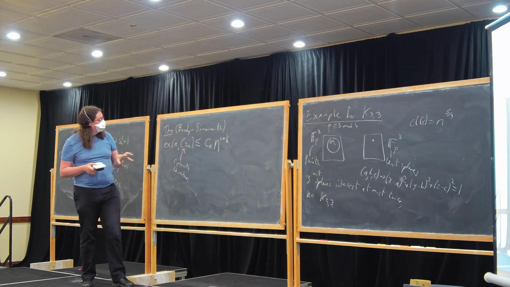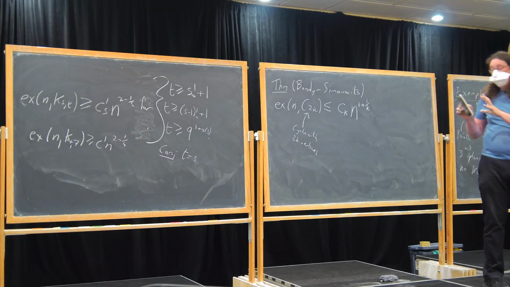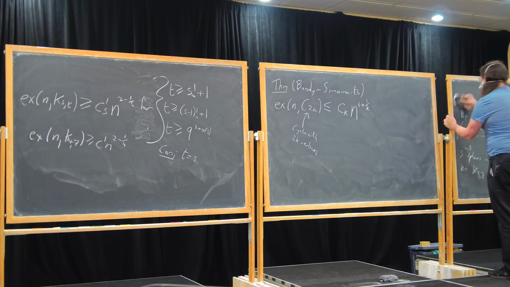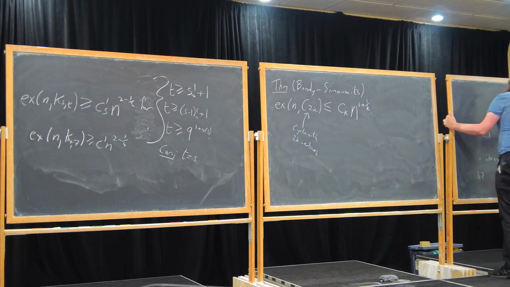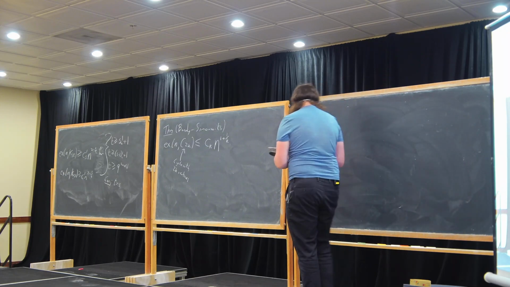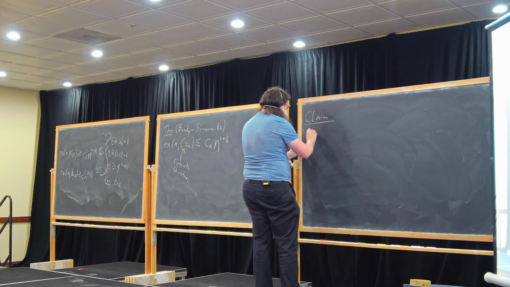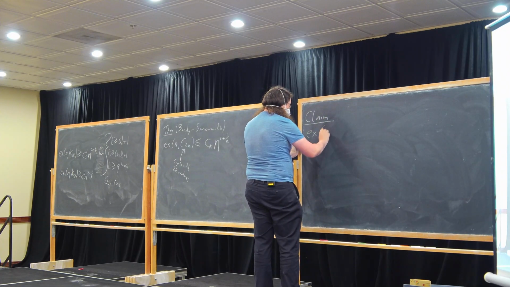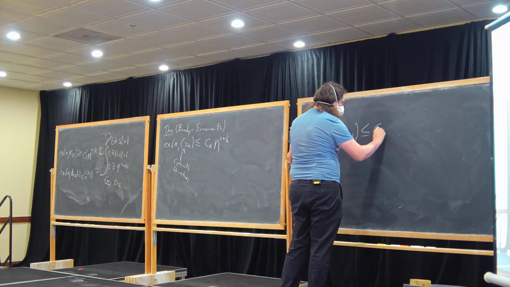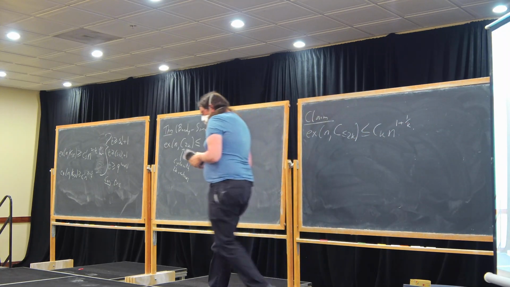What's much easier is to prove it if, instead of looking for cycles of length 2k, you look for cycles of length at most 2k. So the claim is that the extremal number of this family, let's abuse notation and call it this, is at most c_k times n to the 1 plus 1 over k.